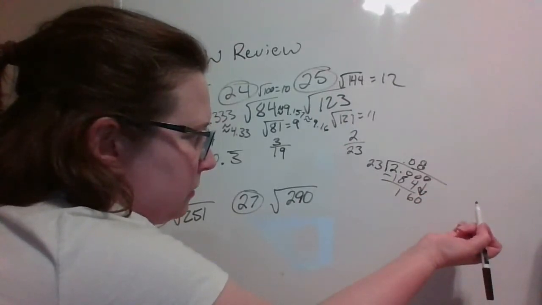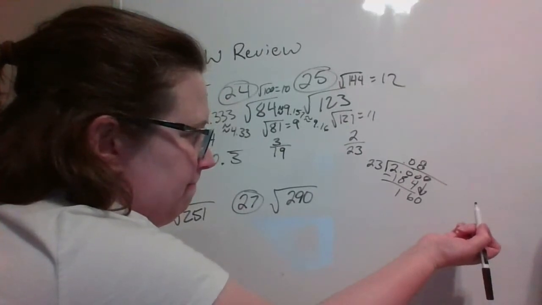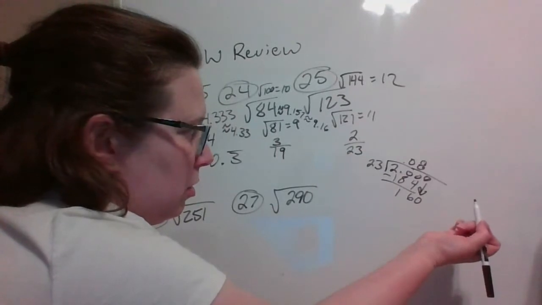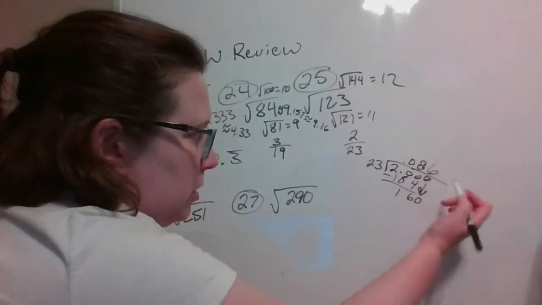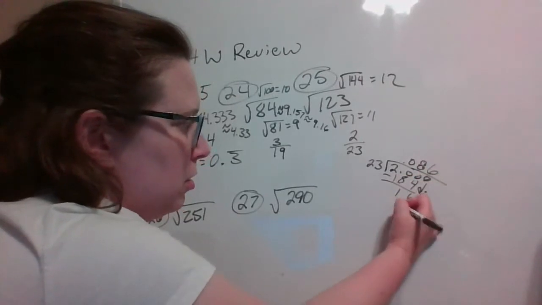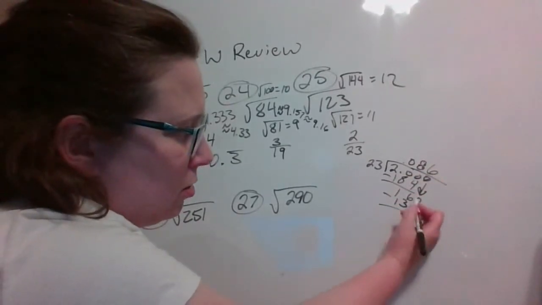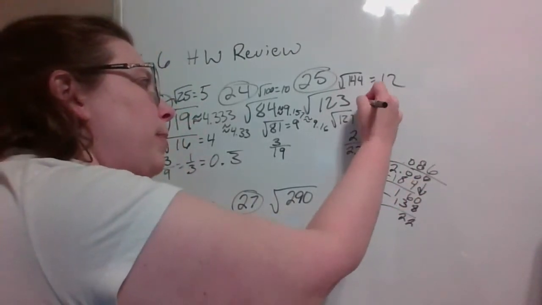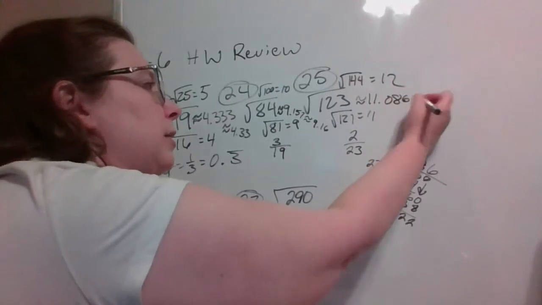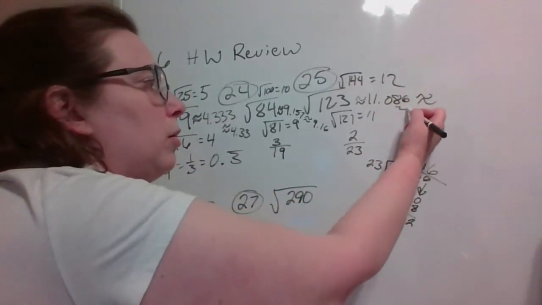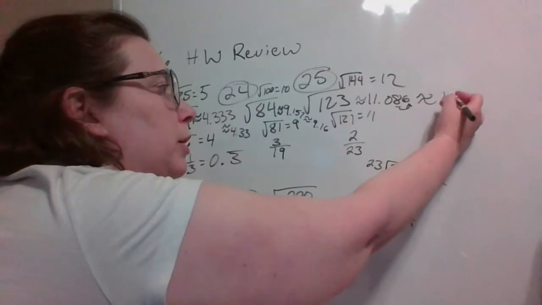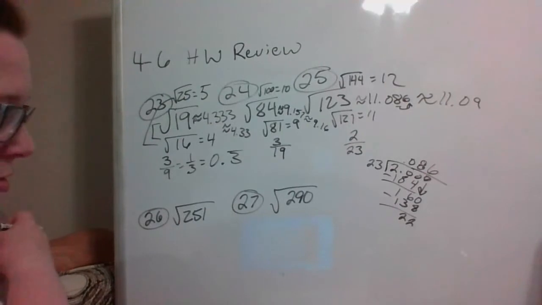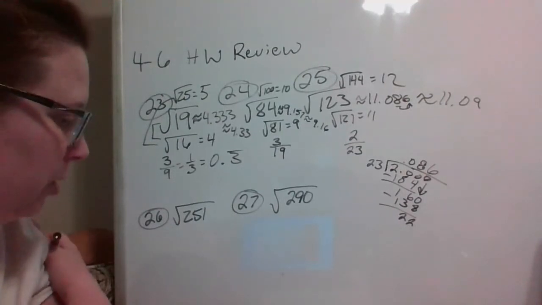And I think this is going to be a 6. 2, yep, 22. All right, so we have about 11 and 86 thousandths, which would, when we round, we're going to change it to 11 and 9 hundredths. So number 25, 11 and 9 hundredths.